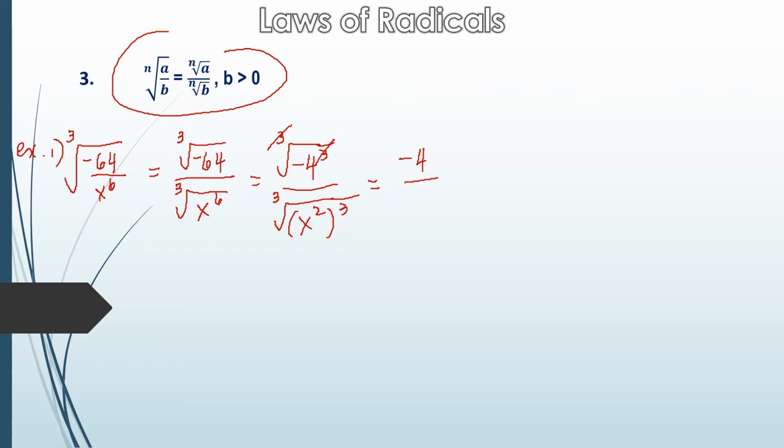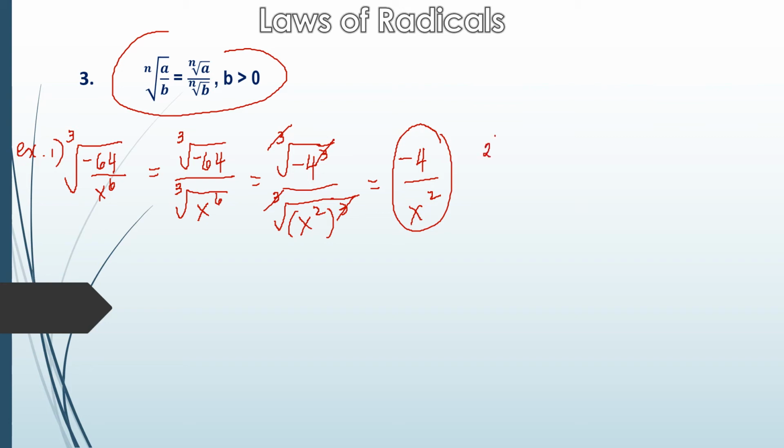And the cube root of x squared quantity raised to the 3rd power is x squared. So therefore, the given expression is equal to negative 4 over x raised to the 2nd power.